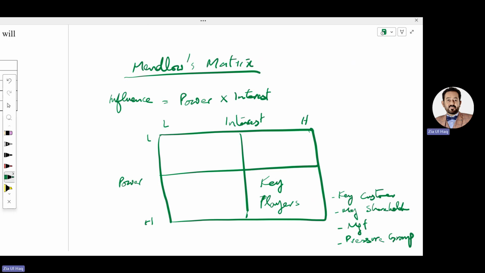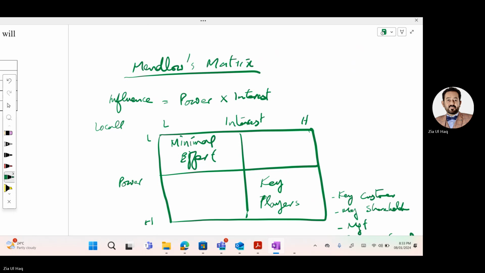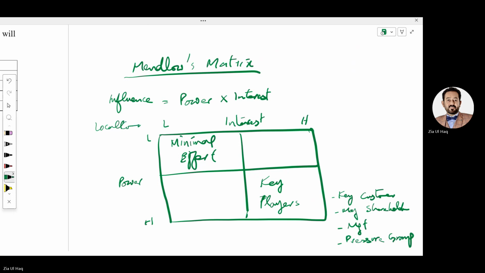And those stakeholders who are having low power and low interest in the organization will be called minimal effort. Who are they? Local community and individual customer, having low power, low interest.